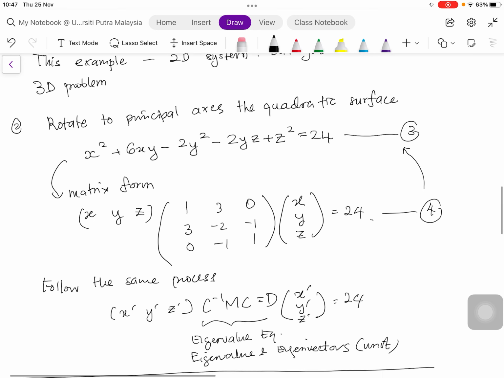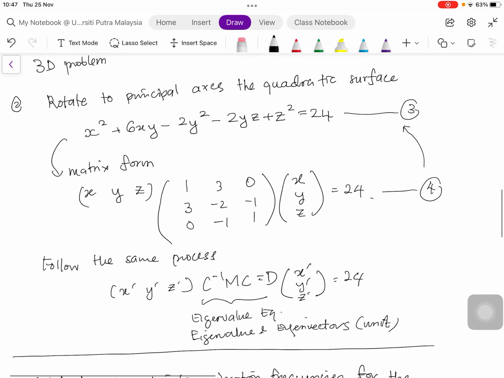Then you can follow the same process, except now you have three variables. You are rotating to the principal axis of three variables, so it's a surface. You still have the eigenvalue equations to be solved, finding eigenvalues and eigenvectors. Remember, they must be unit vectors, and then you can find the diagonal matrix.